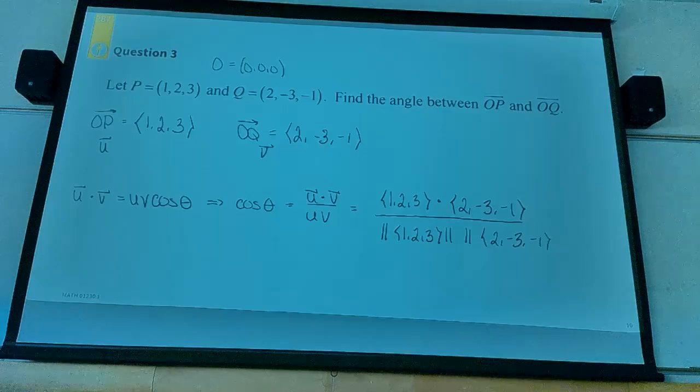What's that dot product? -7. Magnitude of u. Square root of 15. Magnitude of v.